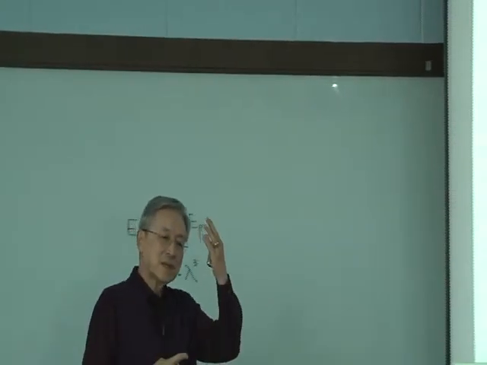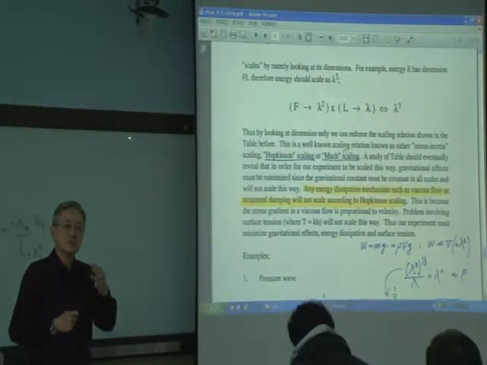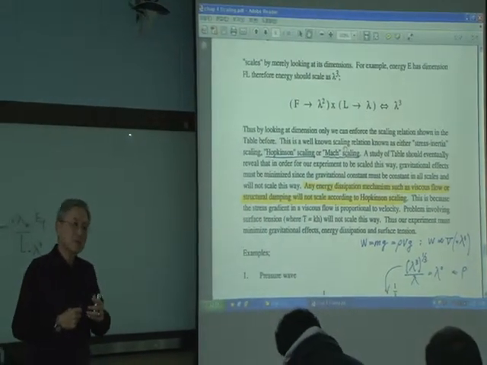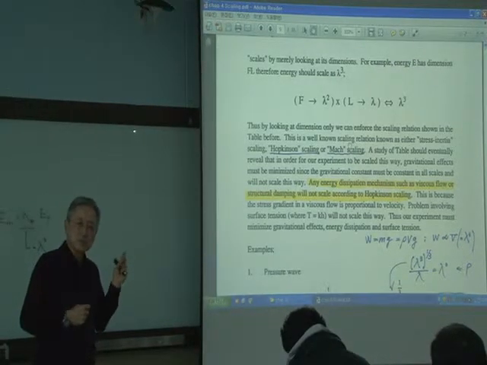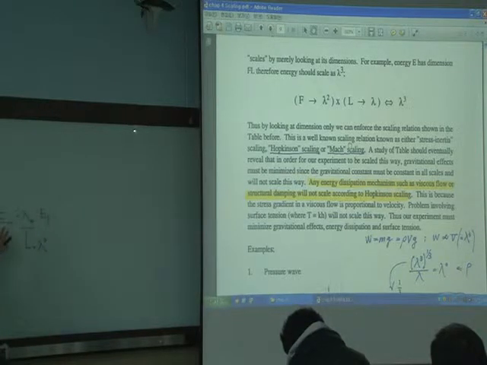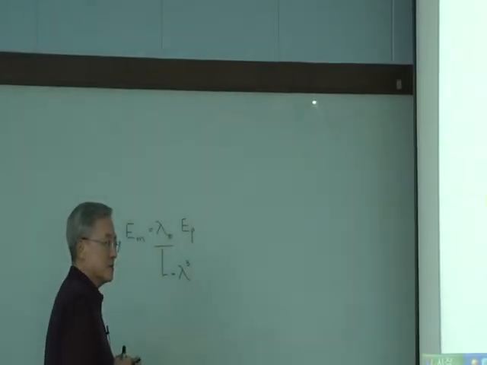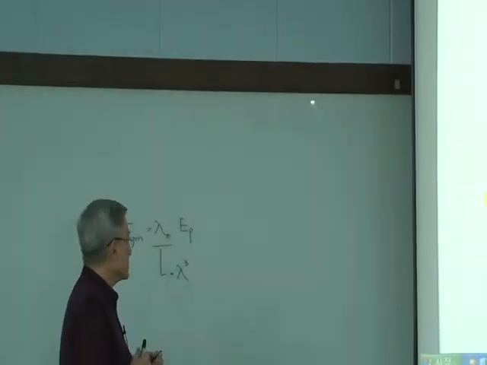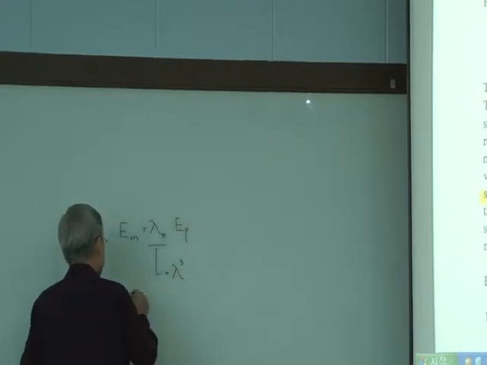So by looking at the physical dimensions, it really is a piece of cake to find the scaling factors of other physical quantities, okay?